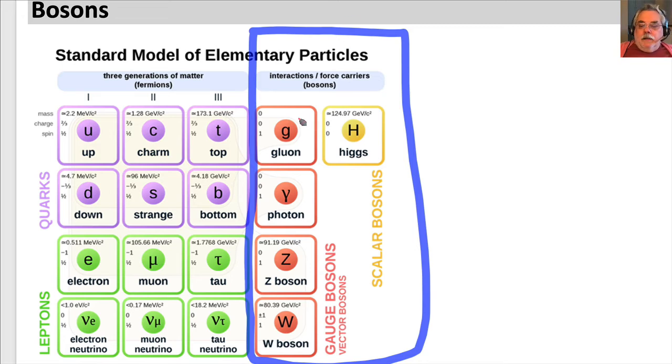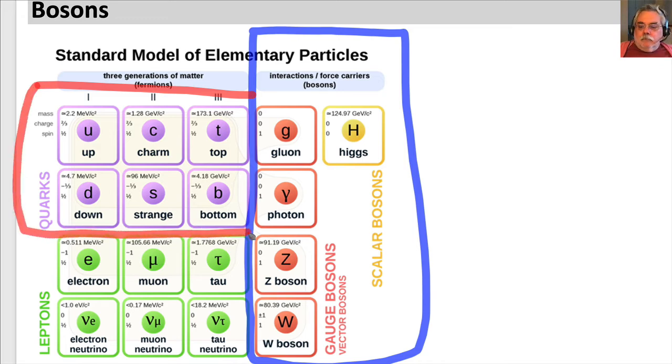The gluon mediates the strong nuclear force, also called the color force, between quarks that holds a proton together and a neutron together, per quantum chromodynamics.